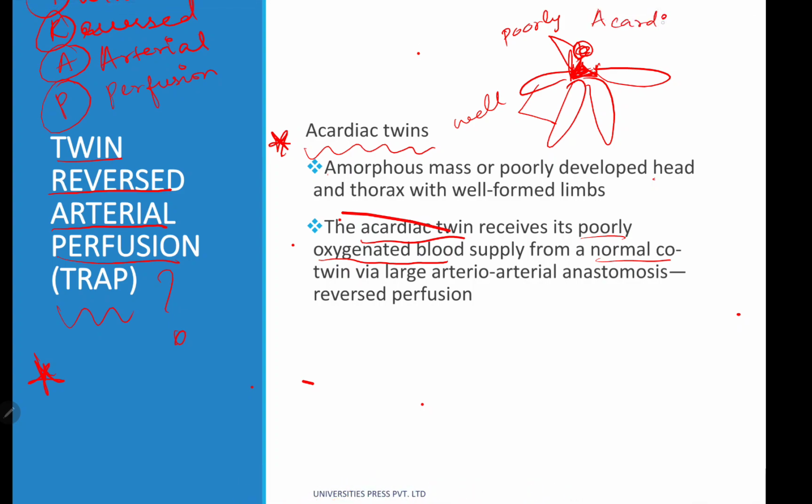So this twin is the acardiac twin, and it receives the poorly oxygenated blood supply from the normal co-twin. Here you have a normal twin. From the normal co-twin, there is going to be poorly oxygenated blood supply to the acardiac twin via the arterial anastomosis reversed perfusion.